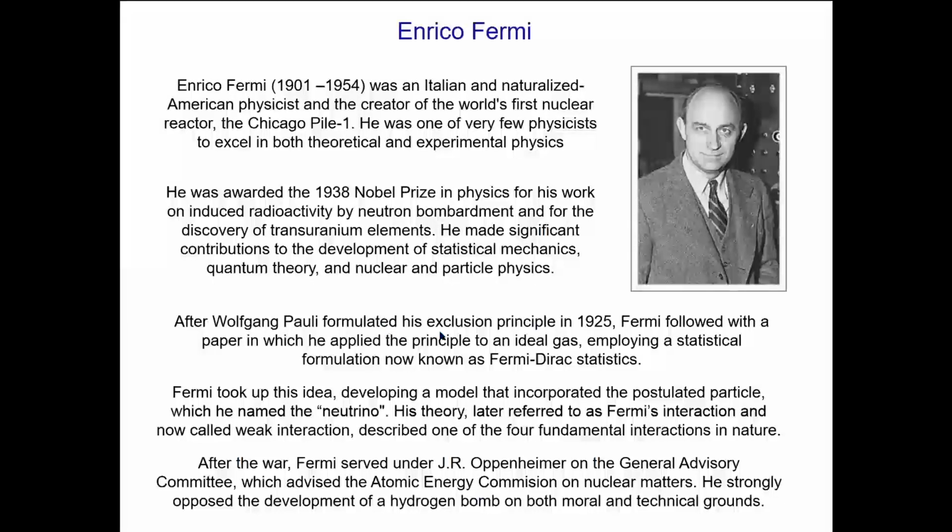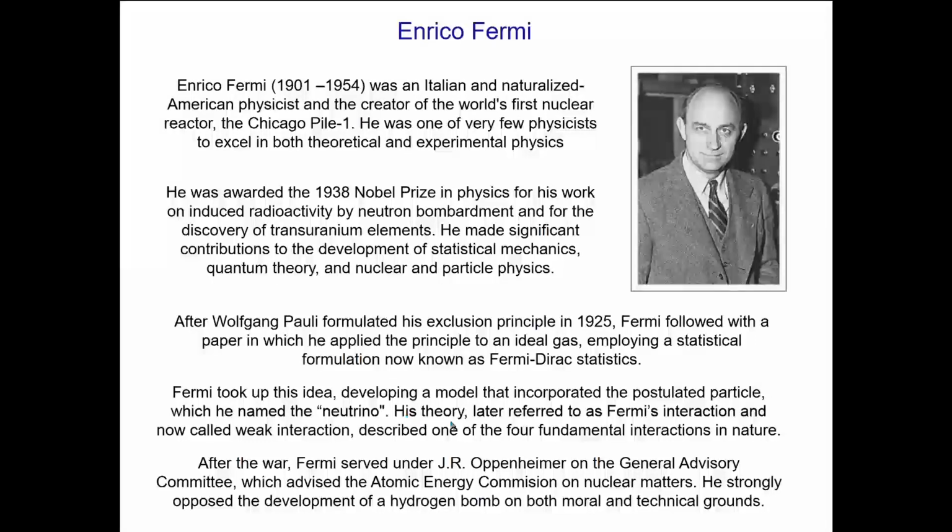When Pauli formulated his exclusion principle in 1925, Fermi followed with a paper in which he applied this principle to an ideal gas, employing a statistical formulation now known to us as Fermi-Dirac statistics. Fermi was also one of the fathers of the neutrino, okay?